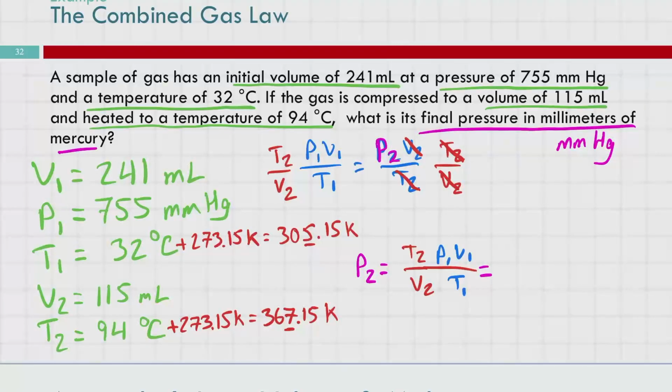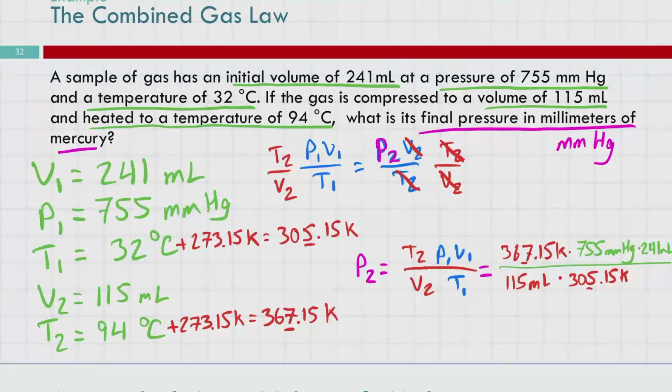So our T2, 367.15 Kelvin, times our P1, 755 mmHg, our V1, 241 mLs, divided by our V2, 115 milliliters, and our T1, which is 305.15 Kelvin. Go through and check and make sure units cancel out.